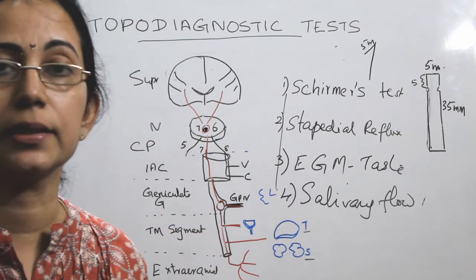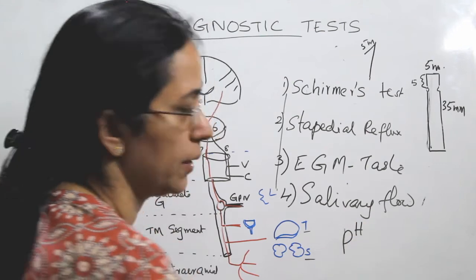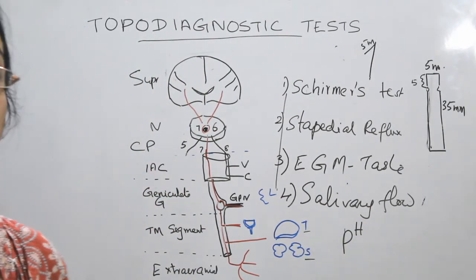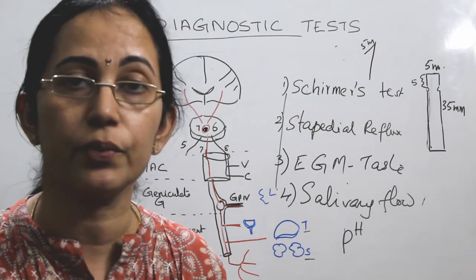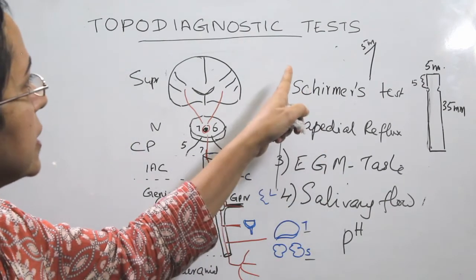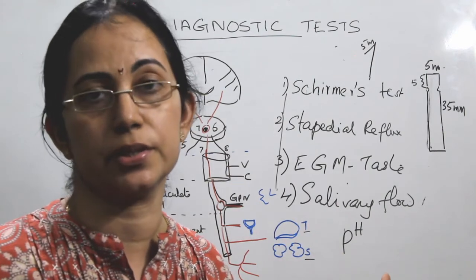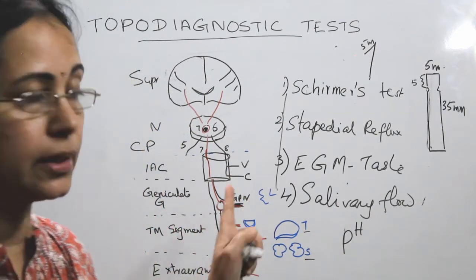So we can take the salivary pH. If it is equal to or less than 6.1, that is taken as abnormal.